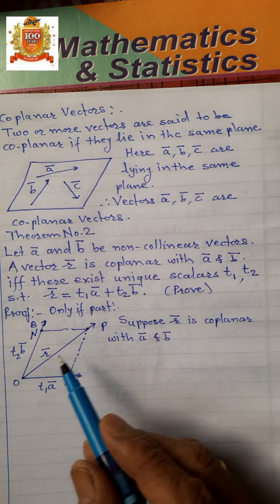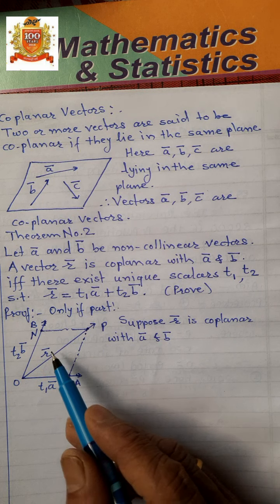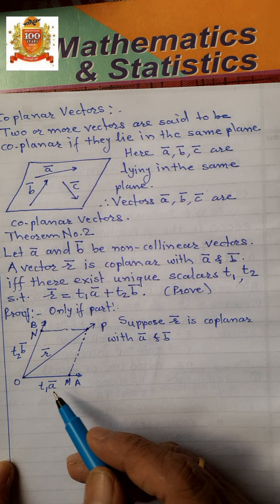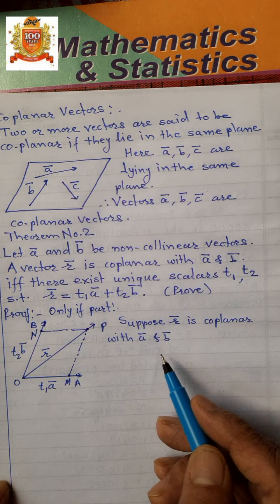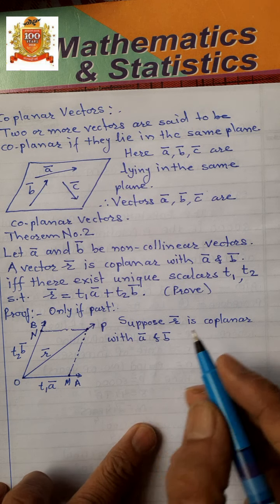What we consider here, R bar is lying in the same plane in which A bar and B bar are lying. Therefore, R bar is coplanar with A bar and B bar.